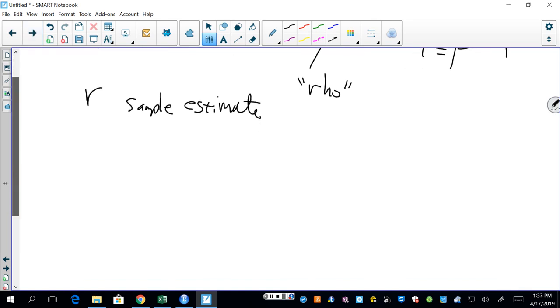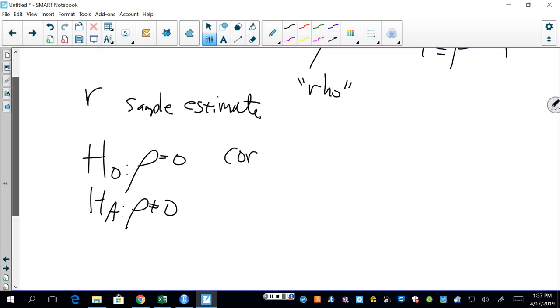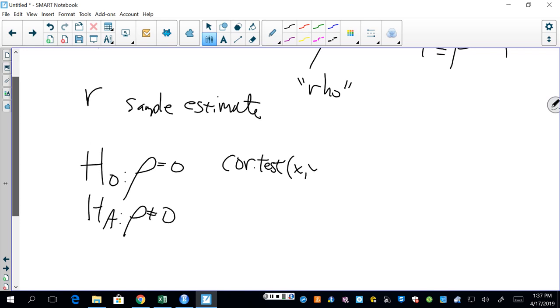And if we wanted to test, is the correlation equal to 0 or not? There is a command in R called cor.test, where you put your x and y's in there. And what this will give is a t statistic. It will compare that to a t distribution where the degrees of freedom are n-2.